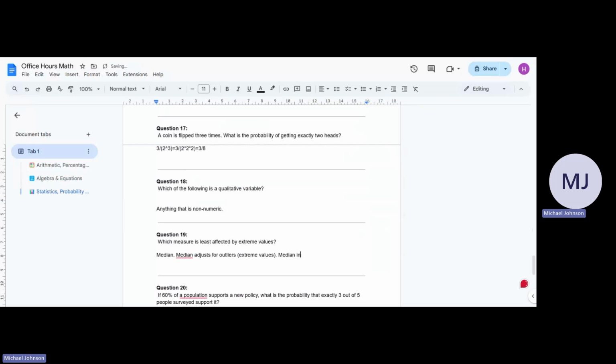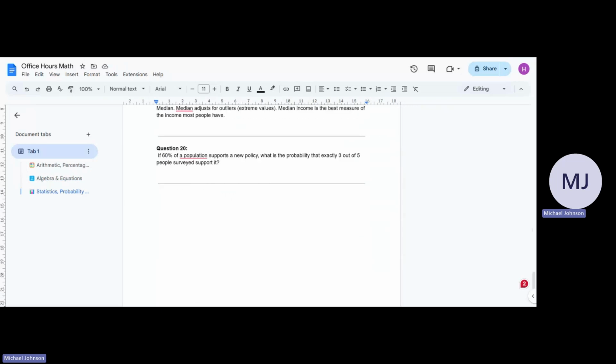So median income is the best measure of the income most people have. So median income is the best thing to look at when you want to know how the economy is doing.